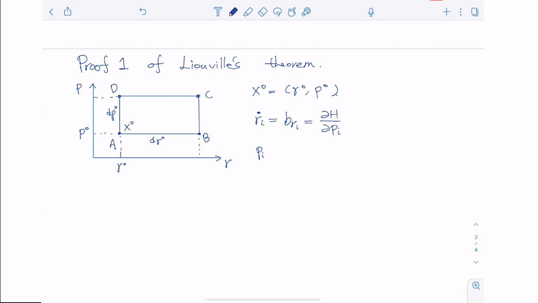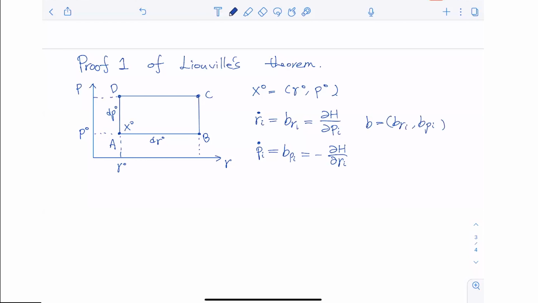And p_i dot, the time derivative of p_i, is minus partial h partial r_i. Here v is the velocity vector; I'll remove the vector notation for simplicity.